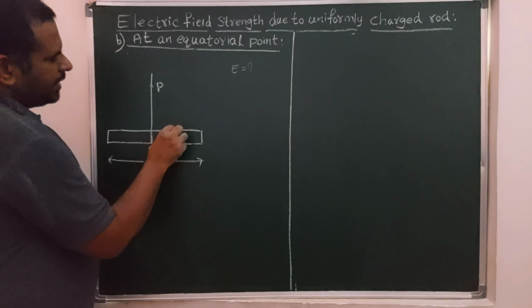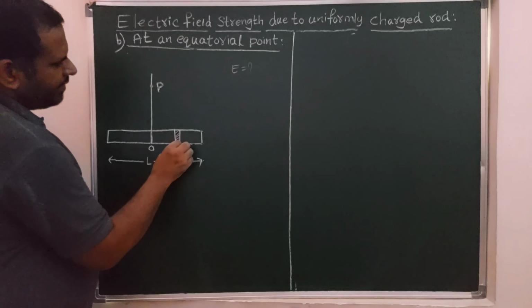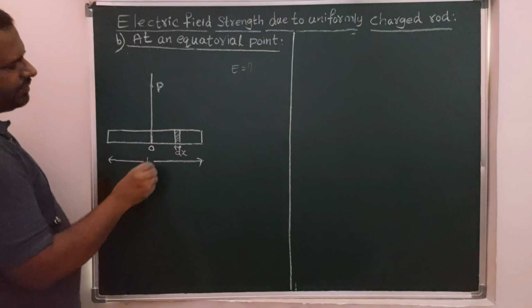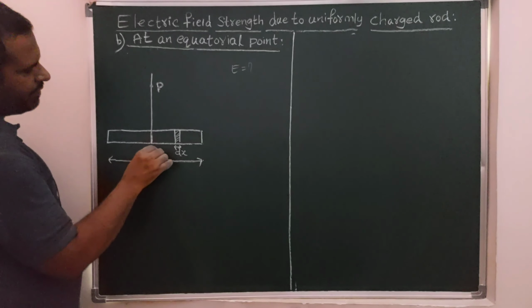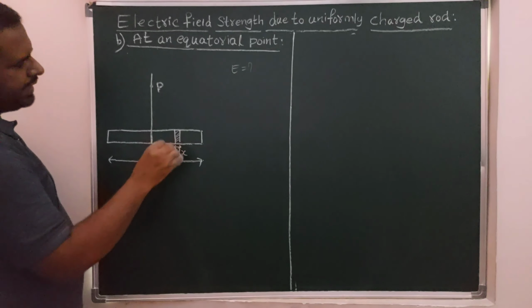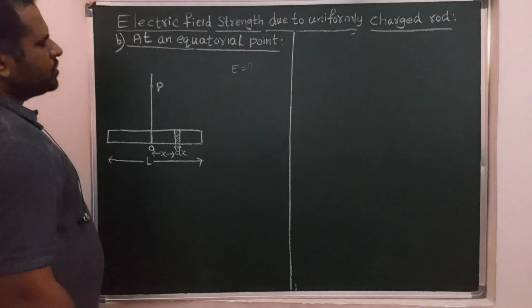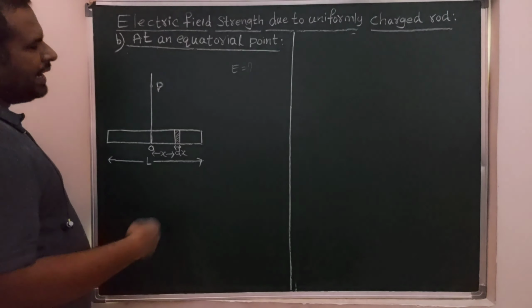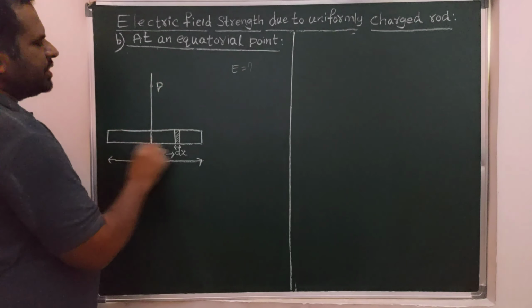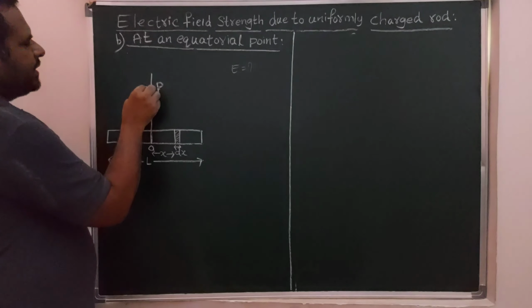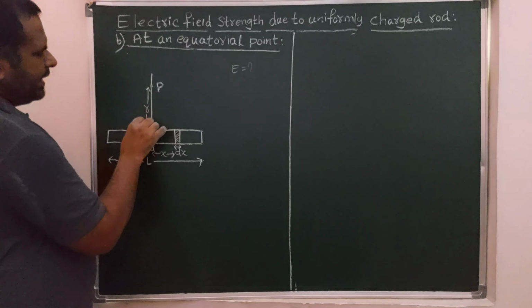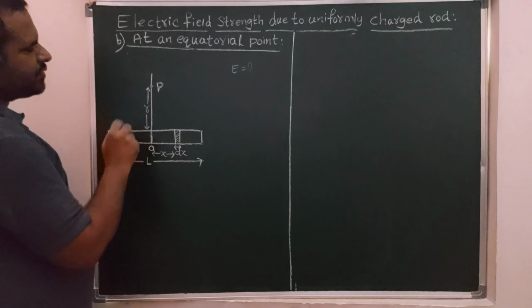This is the small element of the rod, with length dx, at a distance x from the center of the rod. The distance of P from the center I am taking as r.